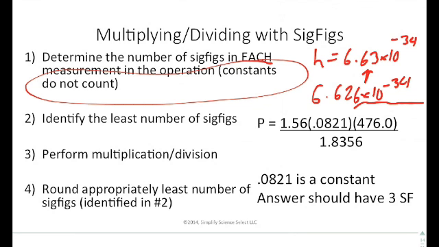So when you look here, it says identify the least number of significant figures. This has 2, or excuse me, this one has 3. This one has 1, 2, 3, 4, 5. This one has 1, 2, 3, 4 because that 0 is significant. And this one has 1, 2, 3, but this 0.0821 you should have recognized as being R from PV equals nRT, which is a constant.